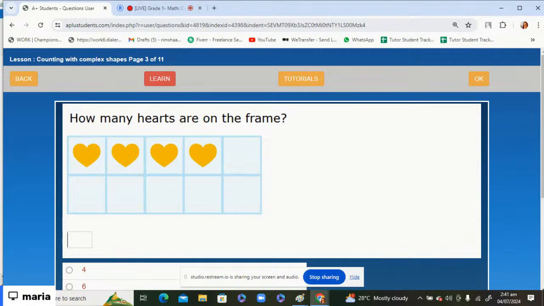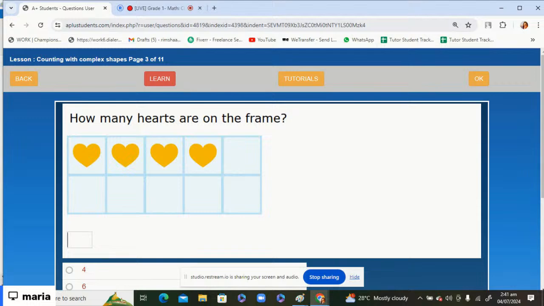So how many hearts are on the frame? Okay, now this time you guys count it. Count it and then tell me in the chat. Do it faster. Count it, you all, please. How many hearts are on the frame? 8.